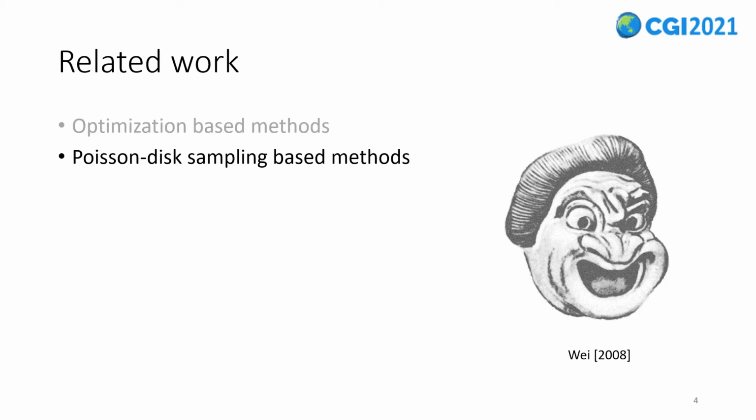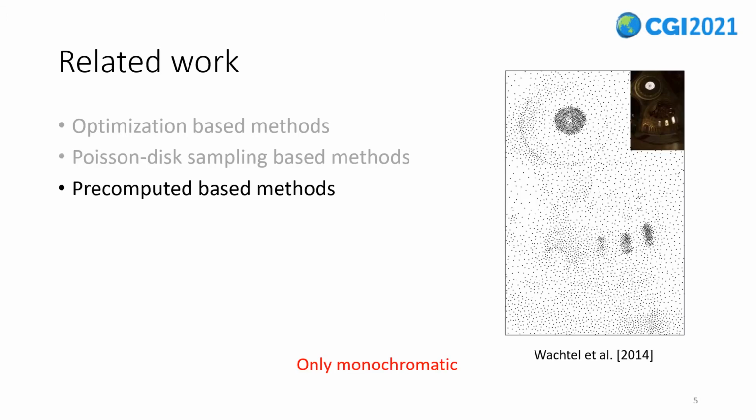Poisson disk stippling methods avoid iterative optimization and have better randomness than the previous category. This category uses precomputed tiles for online generating points. It can achieve real-time performance by sacrificing the blue noise property to some extent.